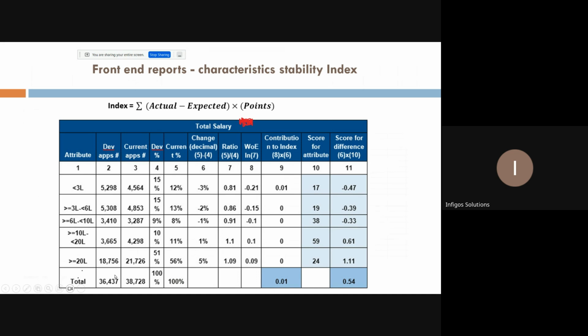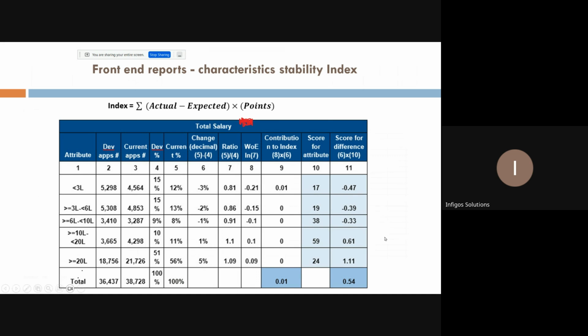This is development sample, this is current sample, this is development percentage, this is current percentage. You subtract to get the change. Divide to calculate the ratio. You calculate the log of this, you get 0.12. You multiply this value by this, you get a value here. This is contribution to index.